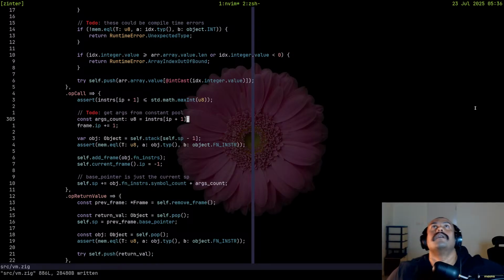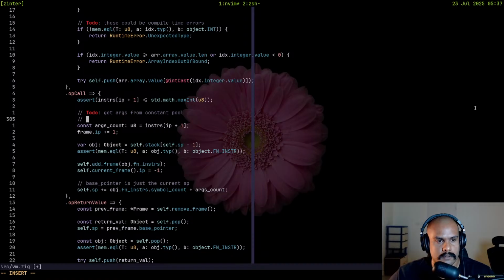Still cold now. There's 2 stages. Get args from constants.